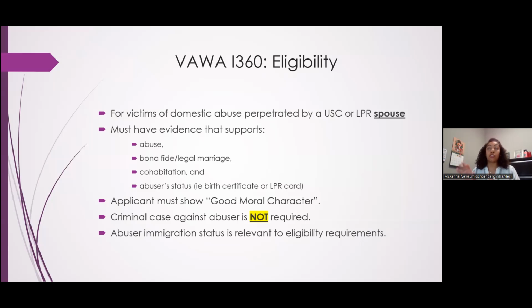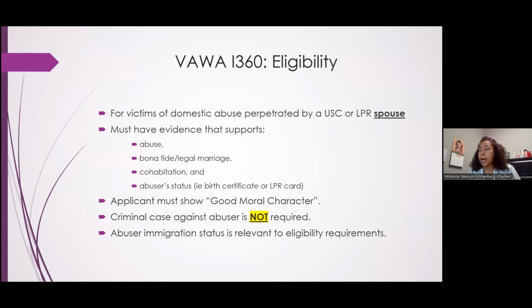I am still eligible to apply for the VAWA petition as long as I'm able to prove in some other way that I was subject to battery or extreme cruelty. If there is a criminal case that was opened regarding domestic violence or assault, something like that, that can definitely be used as evidence of that abuse, but it's just not required.